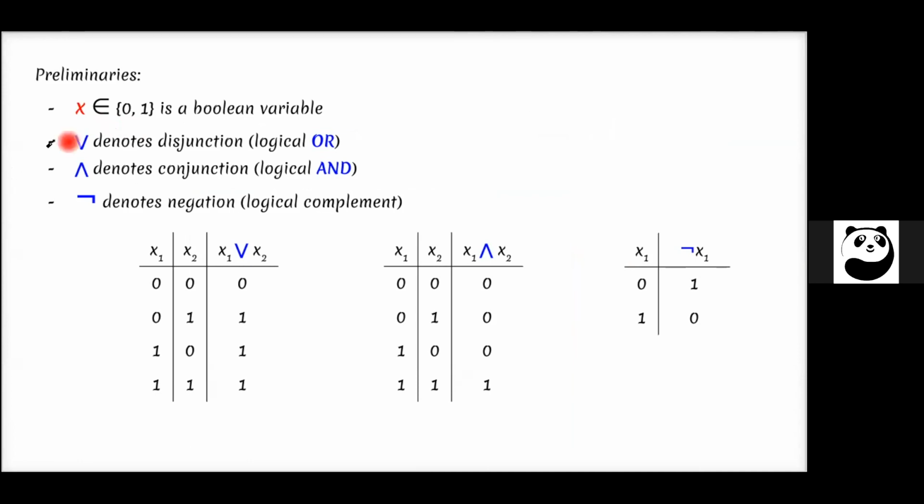We use this symbol to represent or, disjunction, and we use this for and, and we use this for negation, not. Negation is just logical complement. It just flips everything. You're probably familiar with these truth tables. Or is false only if both are false, and is true only if both are true. And of course, the negation is just a flip.